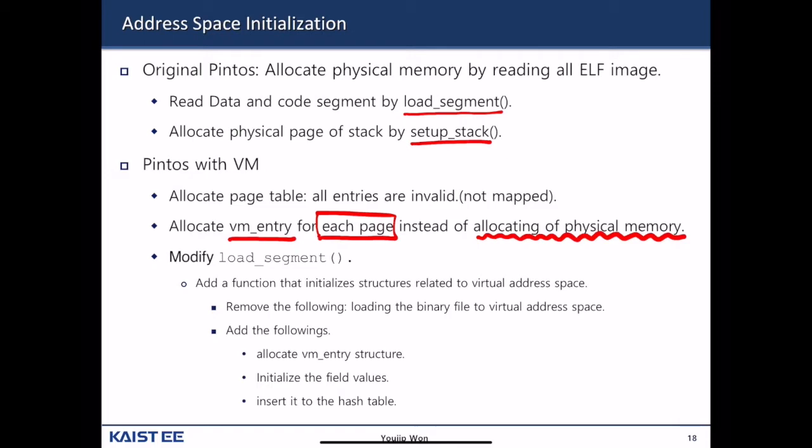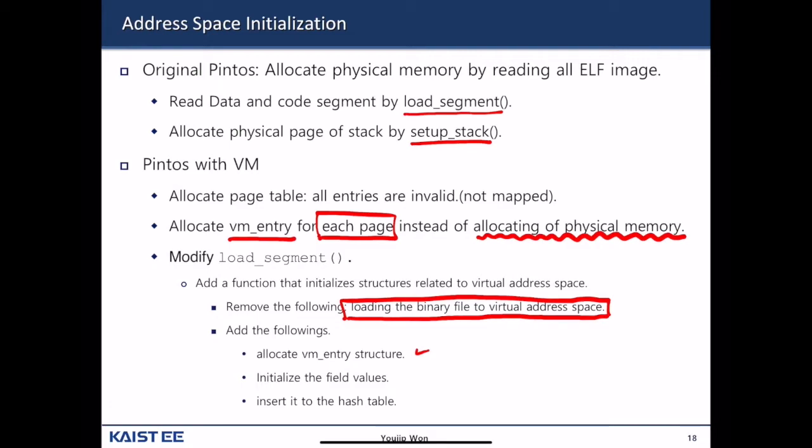So you have to modify load segment. It adds a function that initializes structures related to the virtual address space. It removes loading the binary file to the virtual address space. It removes this part, and then it adds the following. First, it allocates the VM entry structure.